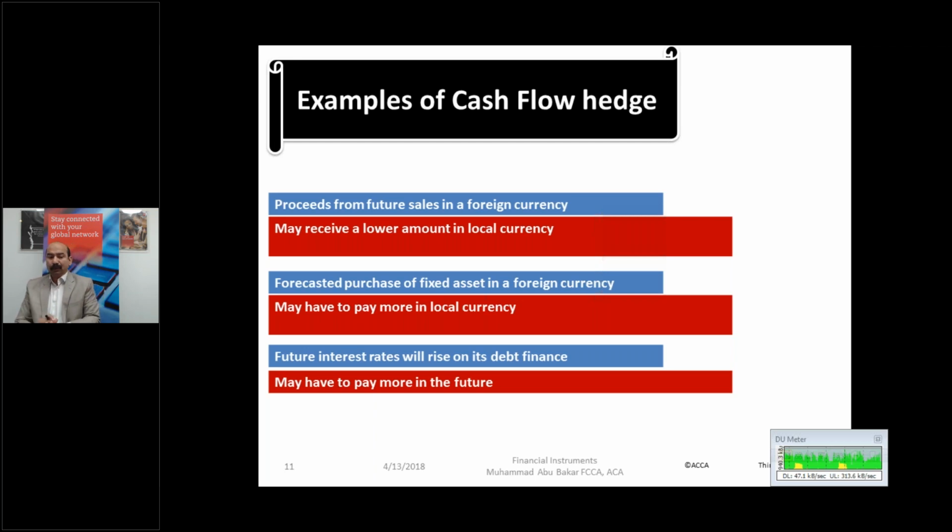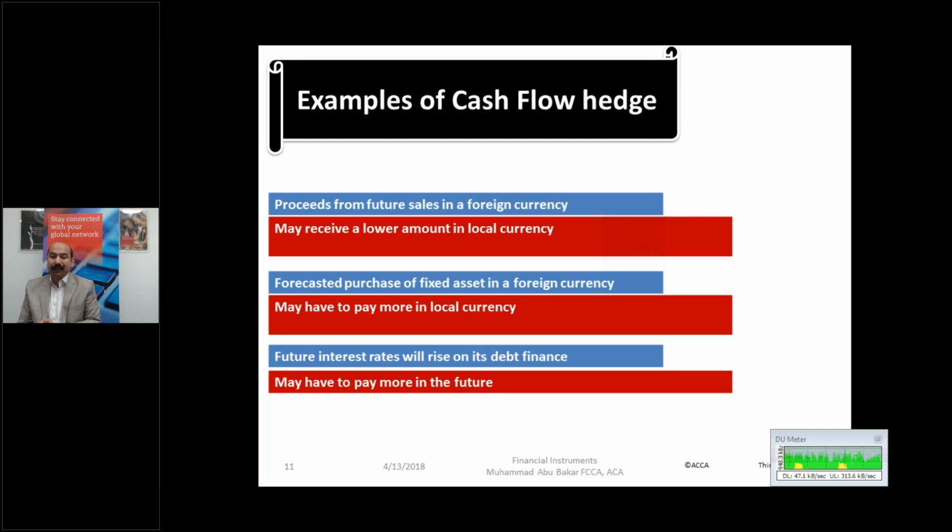See, if you know your machine will cost the exact amount in the foreign currency in the future, and you want to protect just against the foreign currency rate movements, then you can treat it as a cash flow hedge. And if you are not sure about the future price of your machine and you are afraid of the price increase in the foreign currency, then it is basically a fair value hedge.